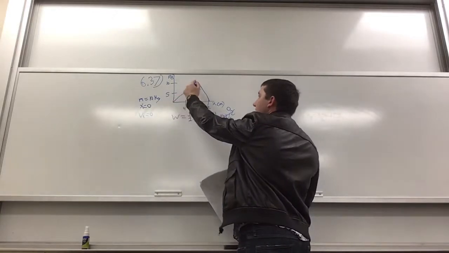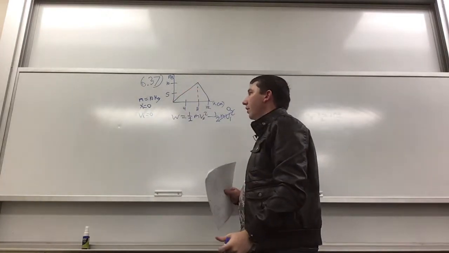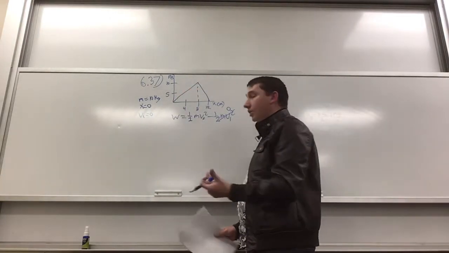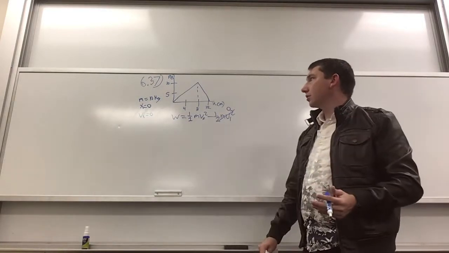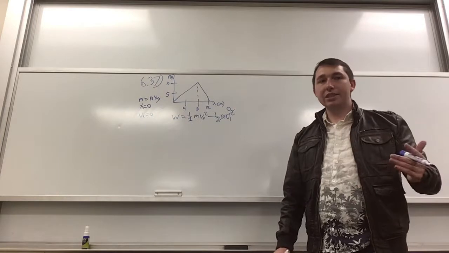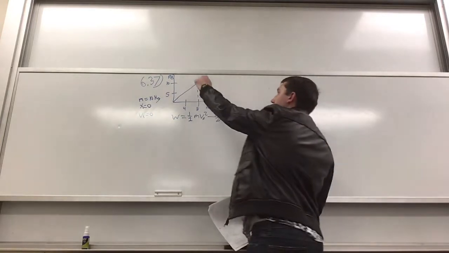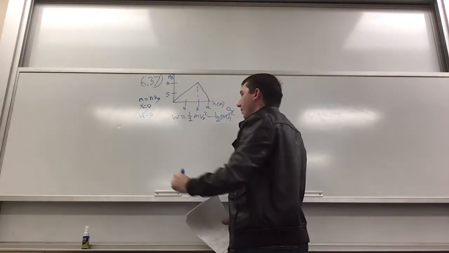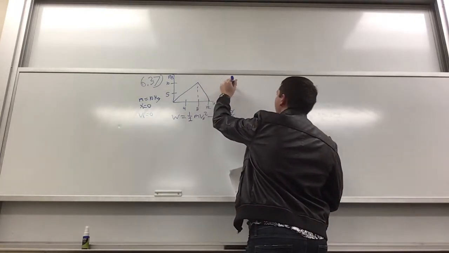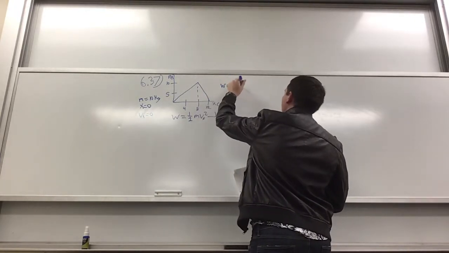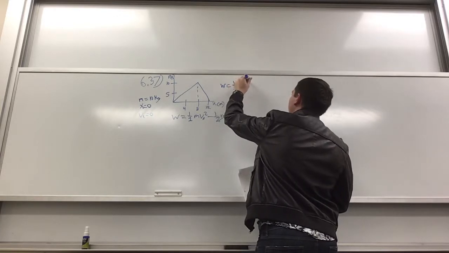And the graph tells us the force to that distance. So we can find the work using geometry, finding the area of the triangle from this graph. So work is going to be equal to 1/2 the base times the height.